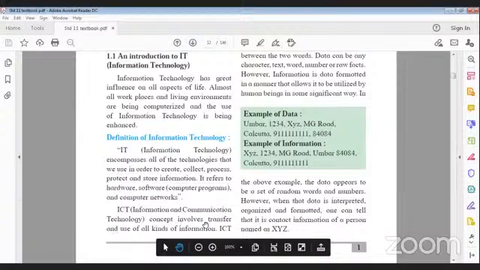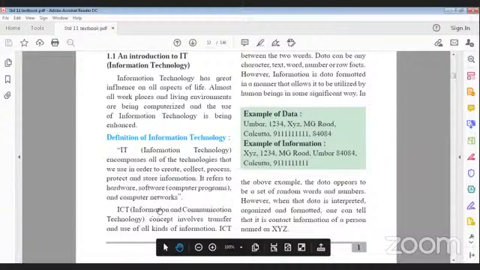Now, ICT. We finished information technology. Now what is ICT? ICT stands for Information and Communication Technology. This concept involves transfer and use of all kinds of information. As the full form says, information and communication. Communication means there is some data sharing happening. This data is shared using some technology, and this data is nothing else but the information.